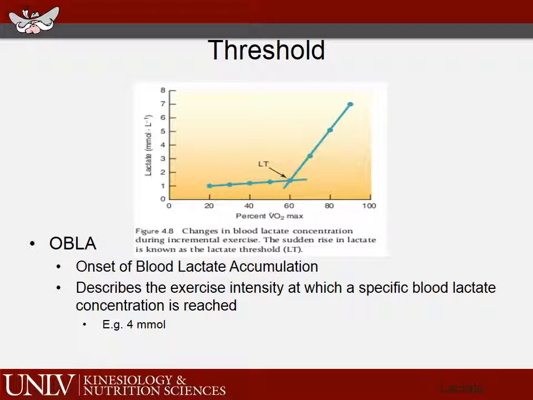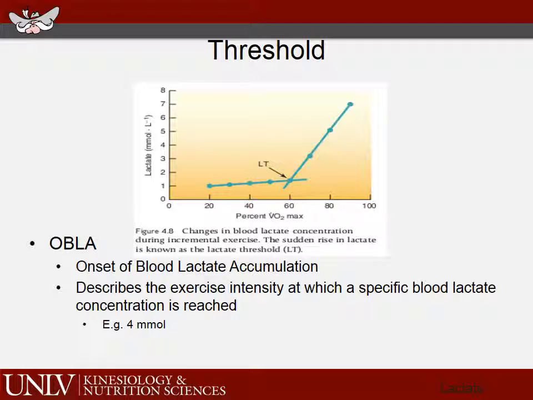Now, graphically, to calculate the lactate threshold, you're going to use this onset of blood lactate accumulation. You're going to graph blood lactate concentration, in millimoles per liter, versus the intensity level, whether you're using watts or percentage of VO2 max, on the x-axis. And the point where you have a change in the slope, right, a sudden spike in the concentration levels, is the point at which there is the lactate threshold.